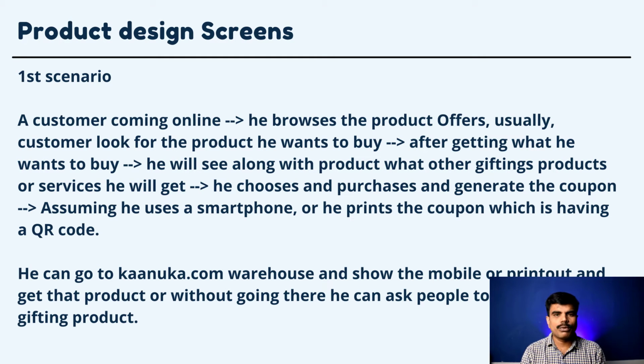So that's the reason, and we are giving the extra facility for the customer and the retailer as well. If the retailer has the space to manage in his office or in his retail outlet itself, then he can always do that. So this is how it works for the first scenario, which is the customer coming to the online.